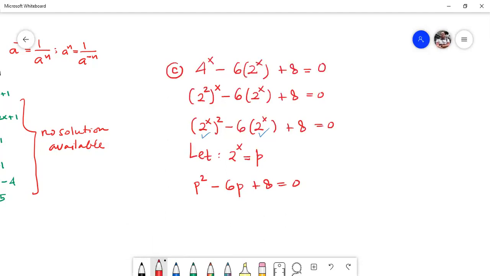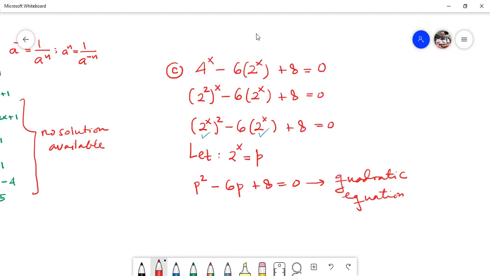Okay, now you pay attention carefully. Now we have a quadratic equation. So basically this type of equation will lead you into a quadratic equation.